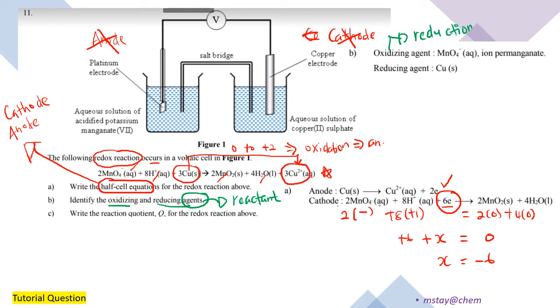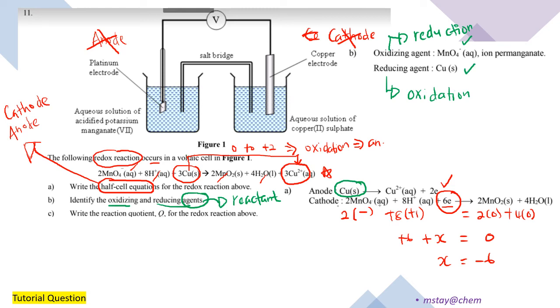So when we look at the cathode here, the reagent is MnO4-. The reducing agent undergoes oxidation, and oxidation happens at the anode. So referring to the anode here, you will see that the reactant at the anode is copper. So the reducing agent is copper.